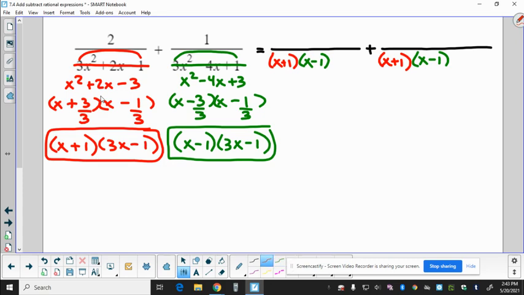And I think we have a 3x minus 1. All right, it's time to look at our numerators. We have a 2 and a 1. And let's see if we are going to need to alter those.